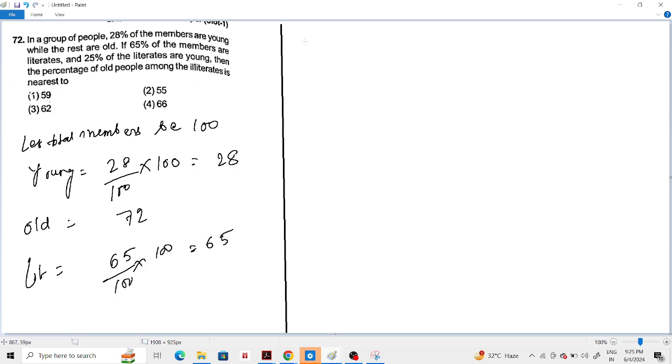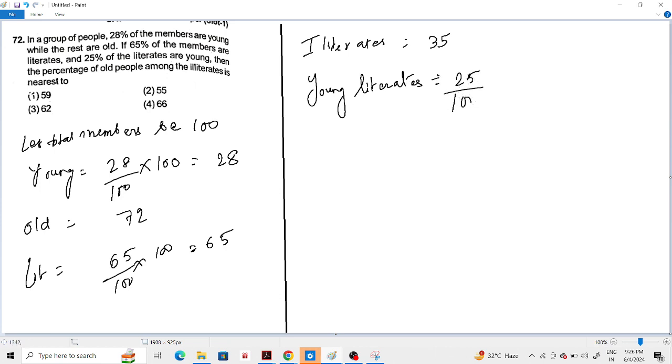So how many illiterates are there? 35. 25% of the literates are young. Who are the literates? 65.